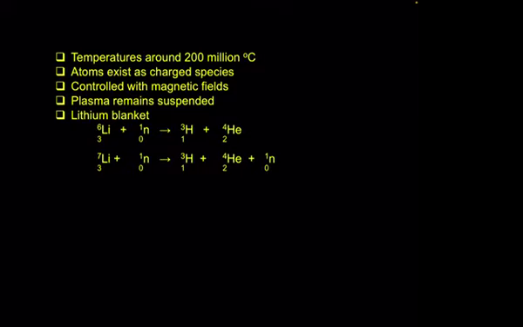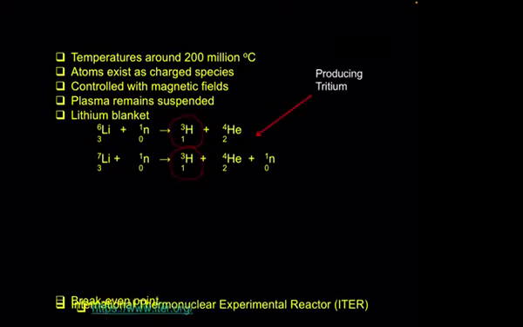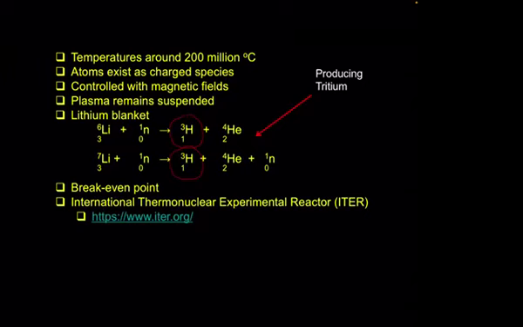All right, so with this lithium blanket, we're producing tritium. You guys can clarify this for me too. I believe the break-even point was theoretically reached back in 2014, but then I think they backpedaled on that, because not too long ago they talked about the break-even point being reached again.